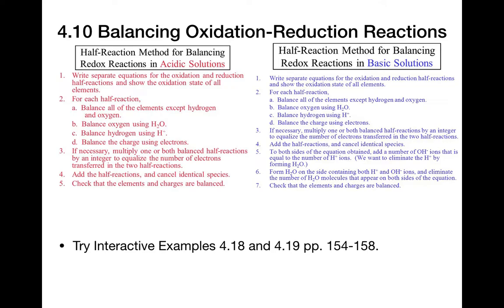And for each half reaction, you're going to balance all the elements except hydrogen and oxygen first. Then you're going to balance the oxygens by adding water to one side or the other. Then you're going to balance the hydrogens by adding H plus to one side or the other. Then you're going to balance the charge by adding electrons to one side or the other.